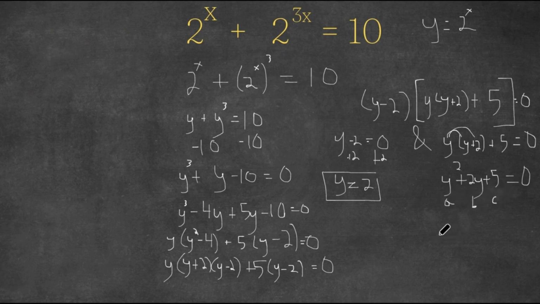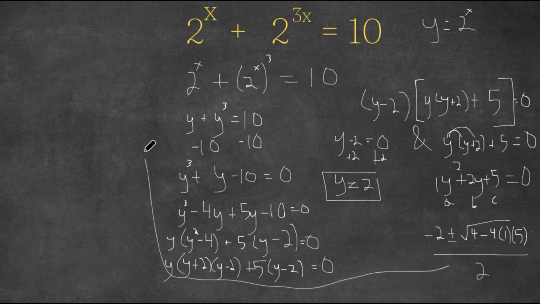So we have negative b, negative 2, plus or minus the square root of b squared, so 2 squared, 4, minus 4 times a, which is 1, times c, which is 5. And we're going to divide this by 2 times a. Remember, a is 1, so we have 2 times 1, which is simply 2.